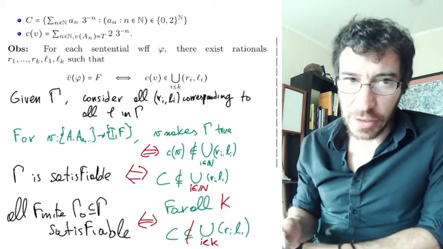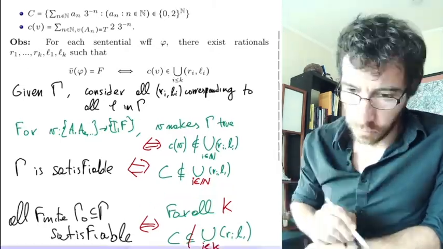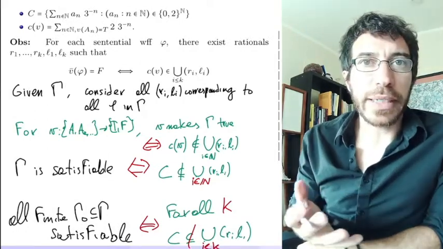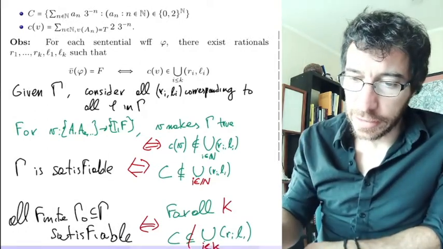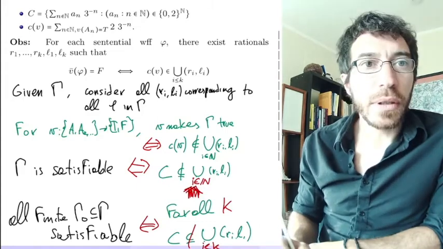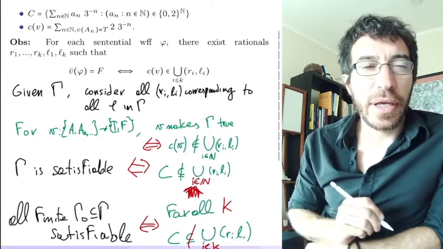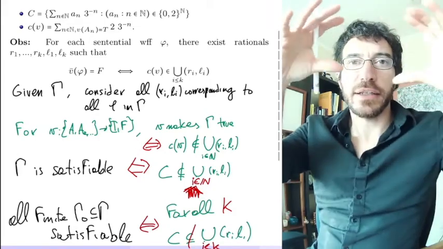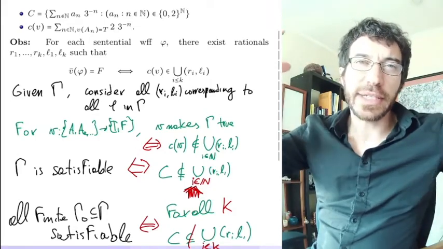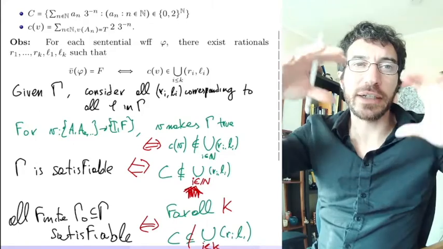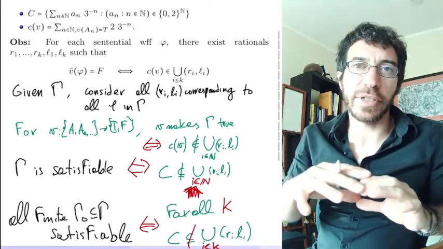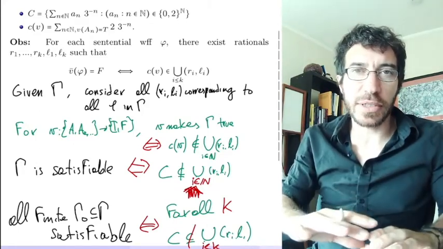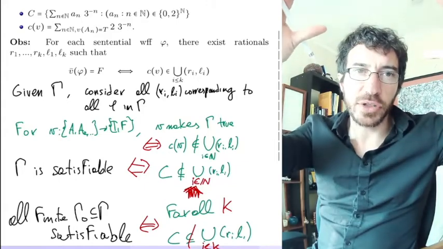And now if you look at what compactness is saying, it's exactly this: if for all finite ones you're not covering, then the infinite one is not a covering, right? It says the contrapositive: if the infinite one is a covering, then some finite one is a covering. So that's the same thing as if all finite ones are not covering, then the big one is not a covering, right?